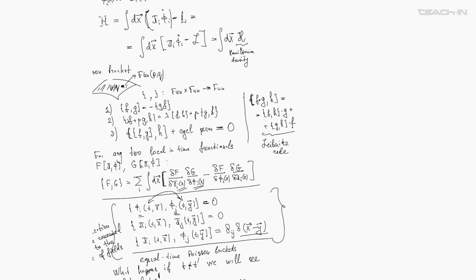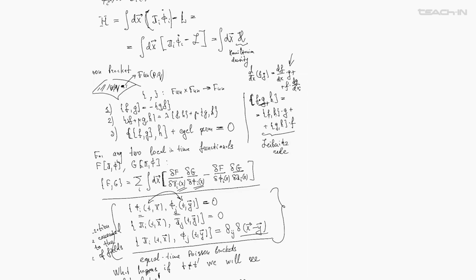What I mean is that if you have d/dx on f multiplied by g, then you have df/dx multiplied by g plus f dg/dx, and this property we called the Leibniz rule in the usual differential calculus. And here something very similar happens for the bracket, right? If you have a product of f and g, then the bracket with any function h is: you evaluate first f with h multiplied by g plus g with h multiplied by f. So the bracket is supposed to satisfy the Leibniz rule.